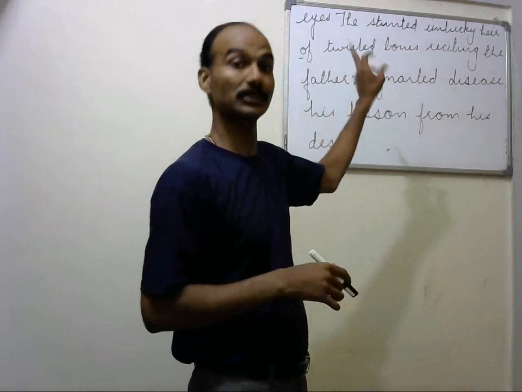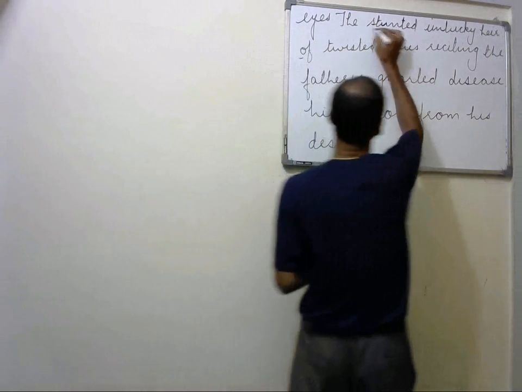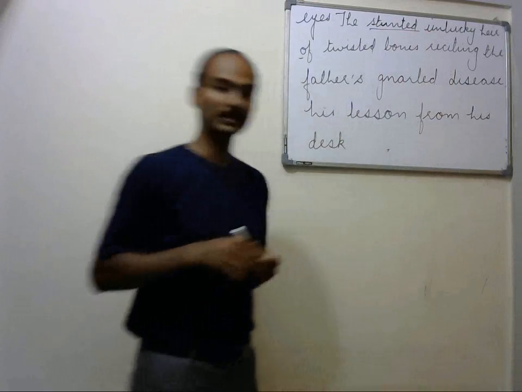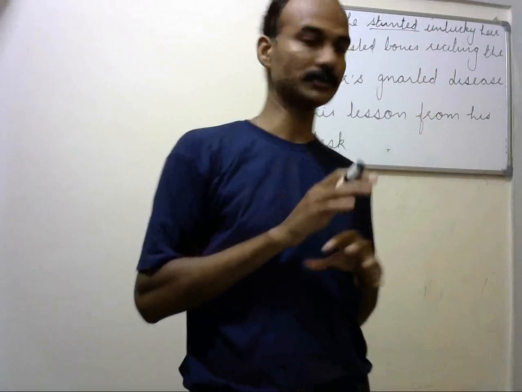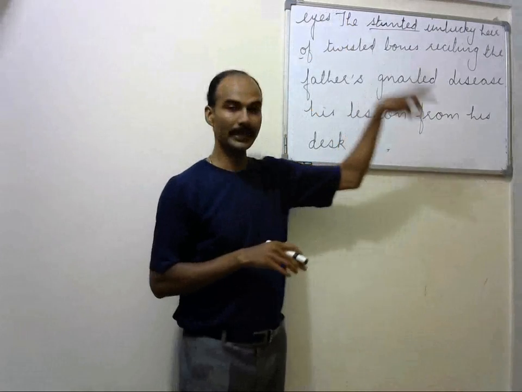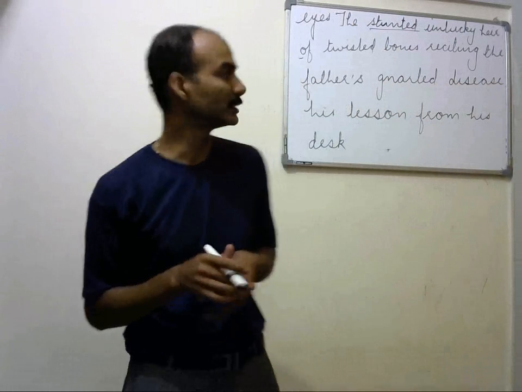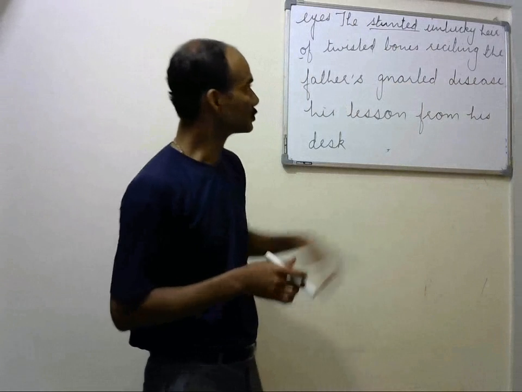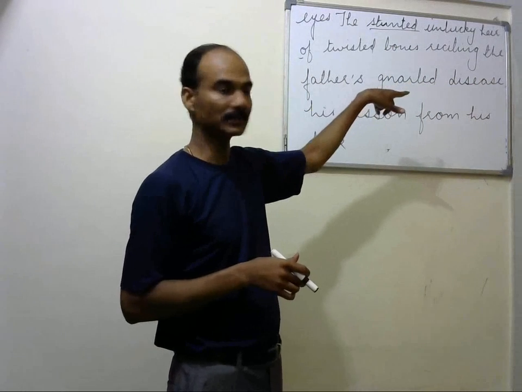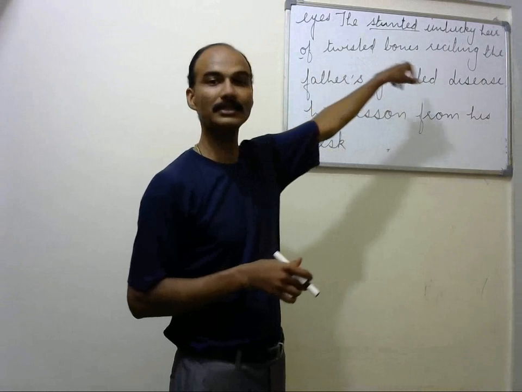Stunted, thwarted, means the growth has stopped. Unlucky heir. Heir means successor, inheritor. So what do they get in inheritance? Twisted bones.